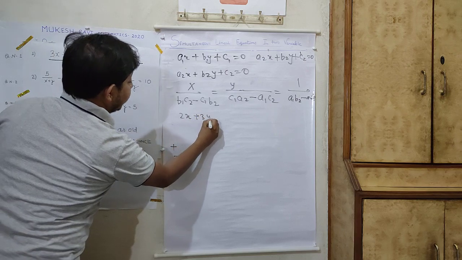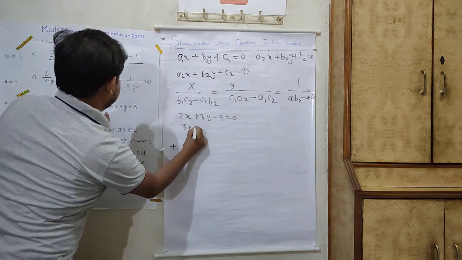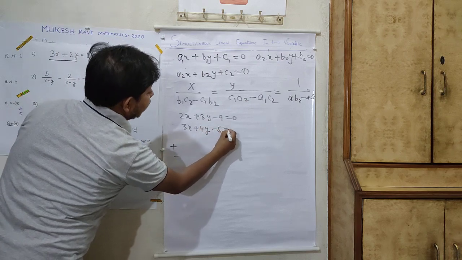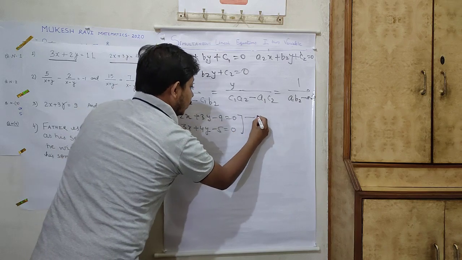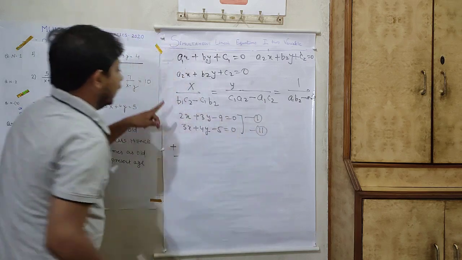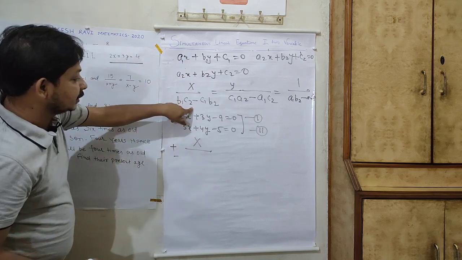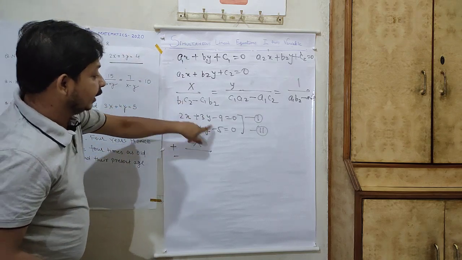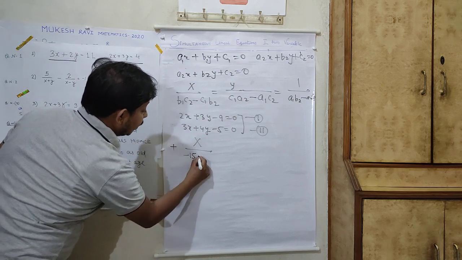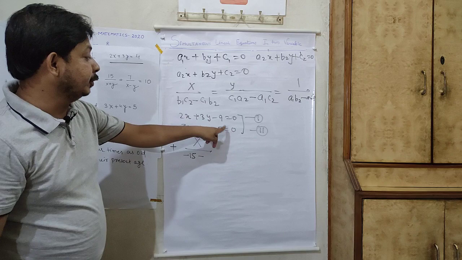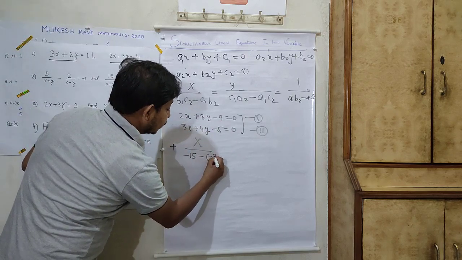2x plus 3y minus 9 equal to 0, and then 3x plus 4y minus 5 equal to 0. Now keep these equations as 1 and 2. I have written already here x upon b1 c2, 3 into minus 5 is minus 15, then minus c1 b2, minus of minus 9 into 4, minus 36.